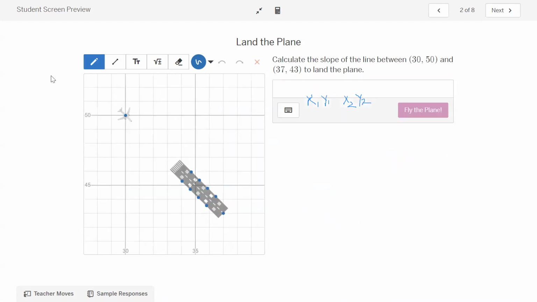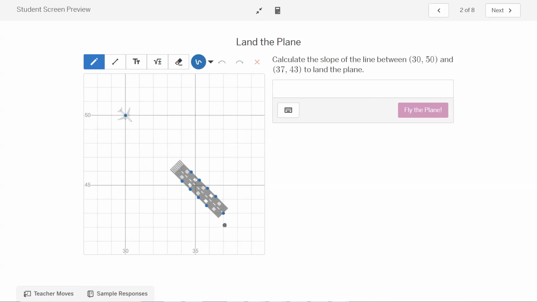Oh, this one didn't. Sad face. I was hoping that it would be in the right spot. Okay, now we are not able to see the points as easily, so that's why I was doing the slope formula instead of rise over run with our graphs. So it gives us a point 30 comma 50. We can see 30 and 50 here, and the point 37 comma 43.